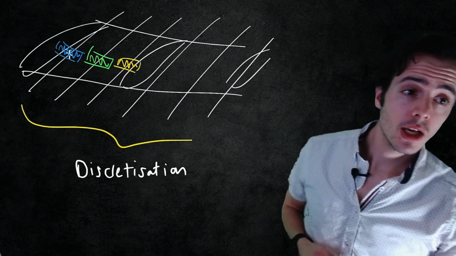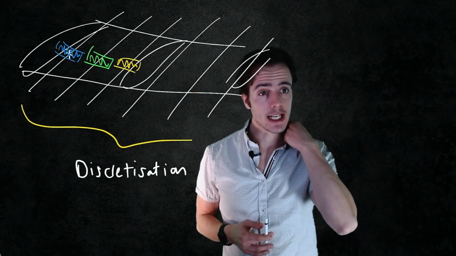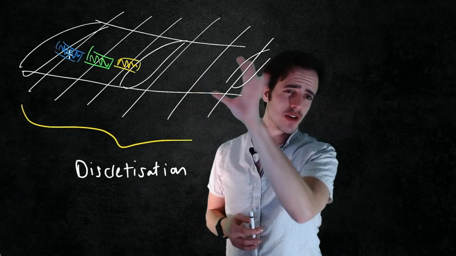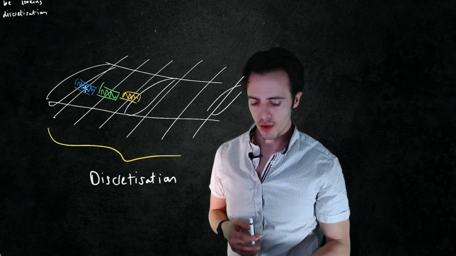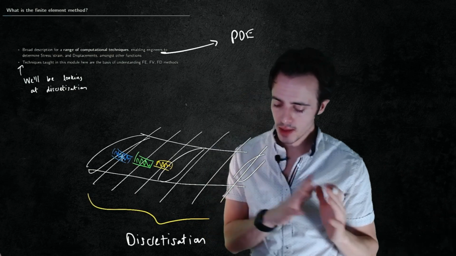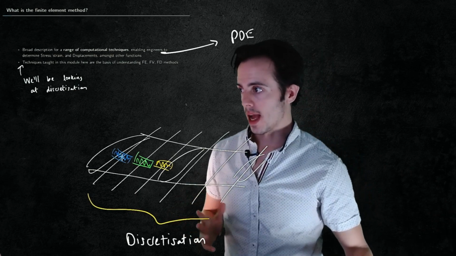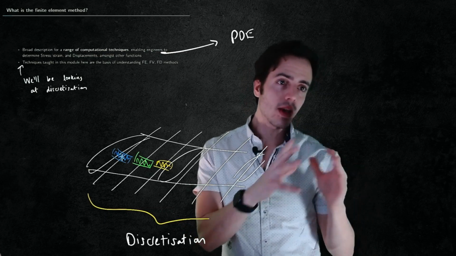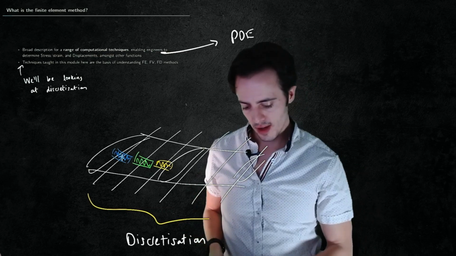Hopefully, we're not really going to look at a proper wing problem in this course, just because it's too complicated for an undergraduate course. But what we're going to look at is how we can take, for example, one of these truss structures.